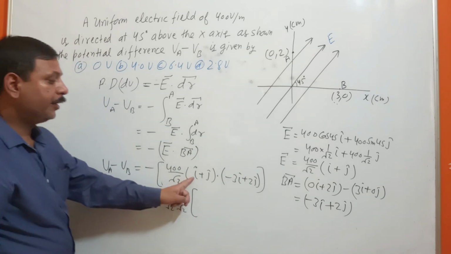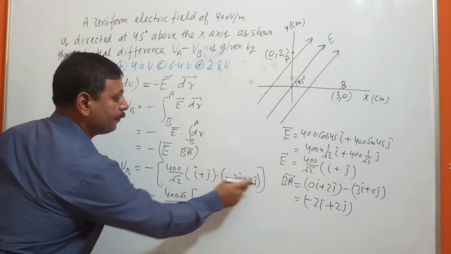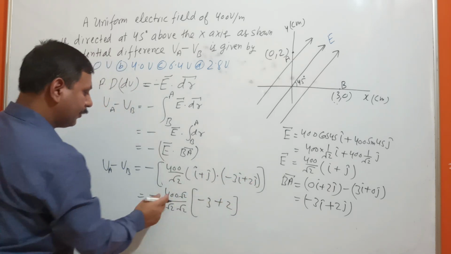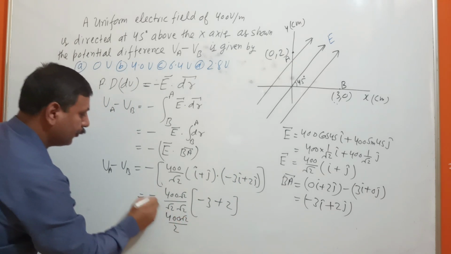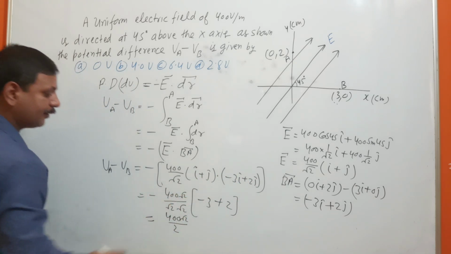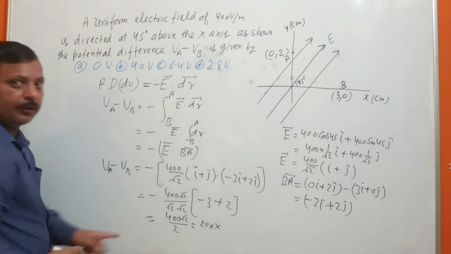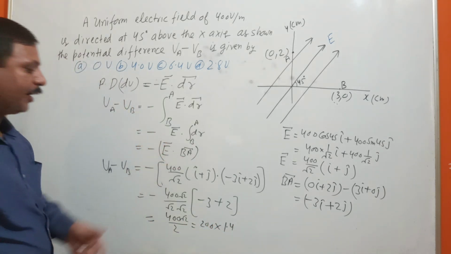Dot product: x1 x2 means minus 3, plus 1 into 2, that is 2, giving minus 1. So this will be 400 upon root 2, minus minus plus, 200. If you divide by root 2, taking 1.4 nearby.